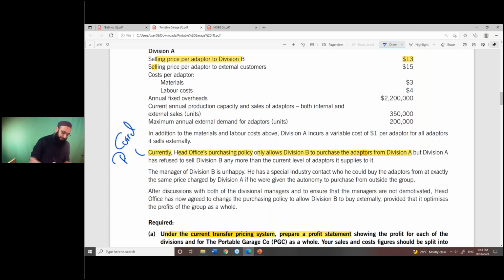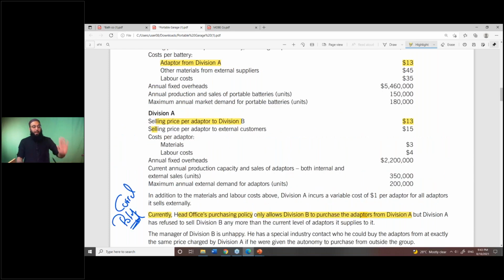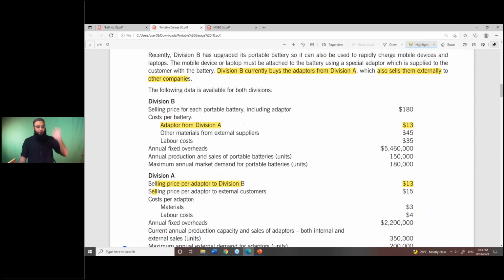My friends, I'll make this a piece of cake for you, inshallah. The world will remember that transfer price is not difficult. So the current policy is what? That B has to buy everything from A.